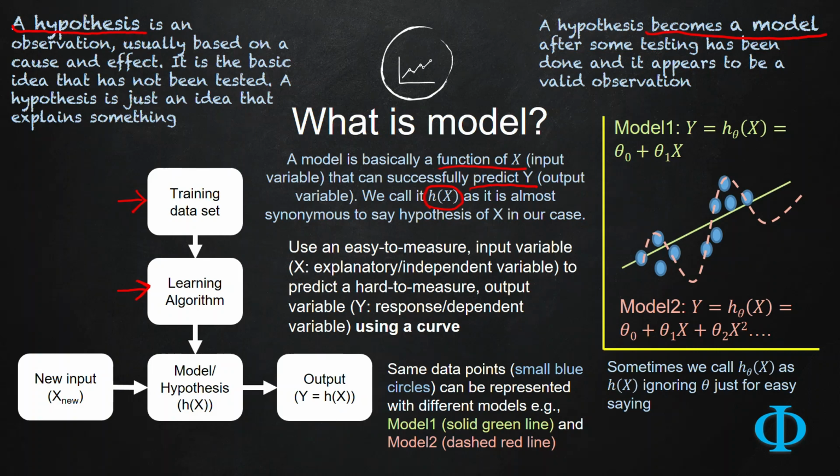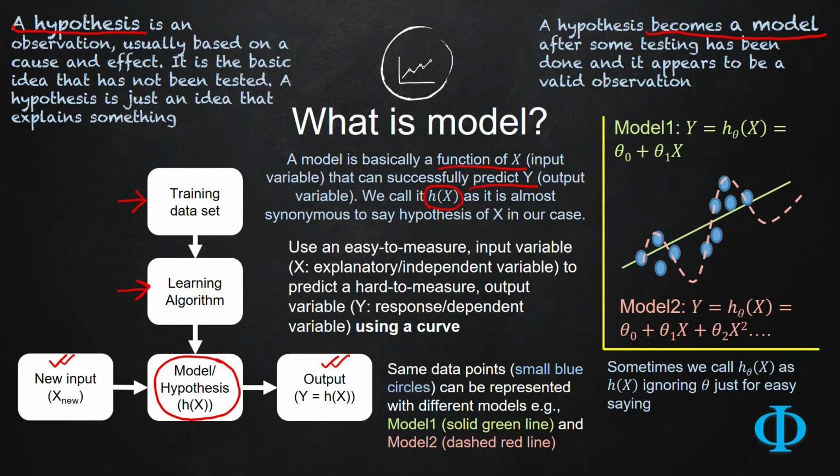As the output of the algorithm, you will get your model or your hypothesis h(x). Then, as soon as you get your model, you can pass the new input variables, a new input data, and you can get the output, or the value of h(x).